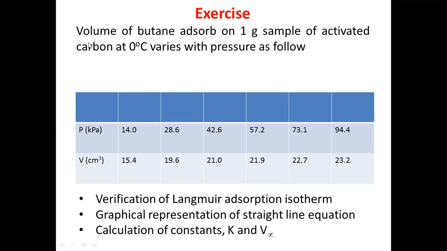Here one example: the volume of butane adsorbed on 1 gram of a sample of activated carbon at 0 degrees centigrade varies with pressure as follows. The pressure is given in kilopascals, and the volume is given in cubic centimeters. This is very similar to the exercise we already did in the previous lecture, and just the data is given.